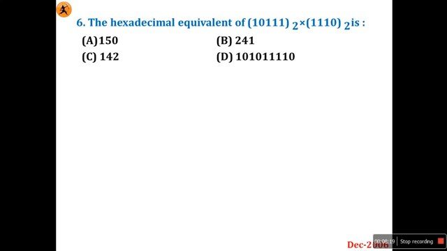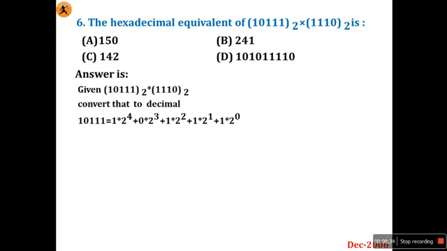Next, look at the hexadecimal equivalent of 10111, where the binary numbers are given. We need to find the hexadecimal of these two numbers. You know how to convert binary to hexadecimal, but do it the easy way.